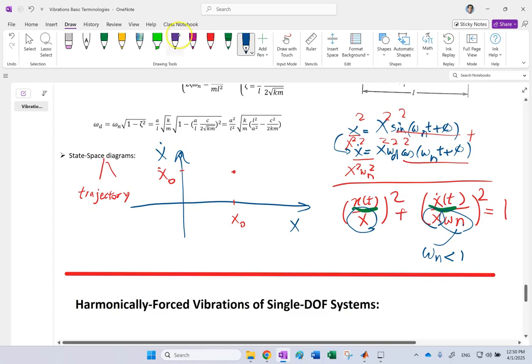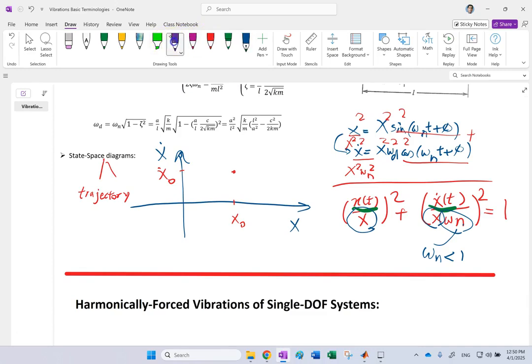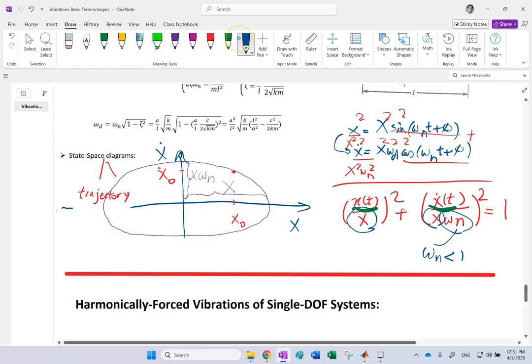If that's the case, the kind of curve that you will get is going to be something like this, where this distance from here to here is amplitude x, and this one from here to here is x times omega n. So you would get an ellipse. And your initial point is somewhere on the ellipse.